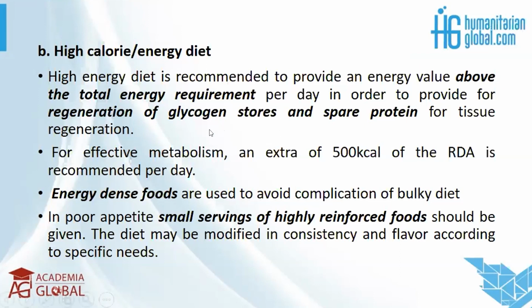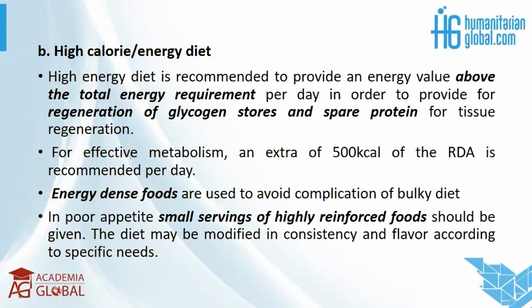Now, for effective metabolism, an extra 500 kilocalorie of the recommended dietary allowances is recommended per day. Just to clarify this point now, some people make a mistake, especially people who decide they are not going to visit a dietitian and they are going to add weight by themselves or to reduce weight. They add too much. In order for the body to cope, you cannot add 1,000 or 1,500 or 2,000 to the amount that you're already taking.